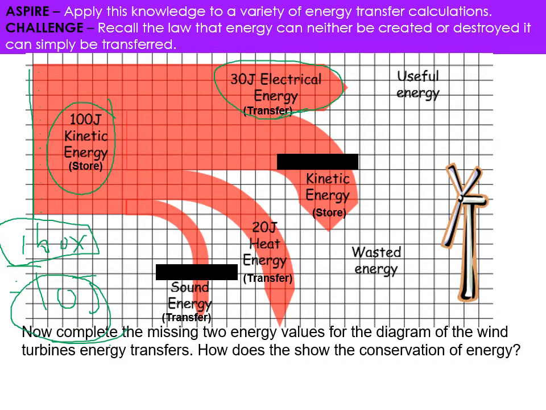The question is, complete the missing two energy values for the diagram of the wind turbine energy transfers. How does this show the conservation of energy? So we've got 30 joules, that's useful. We've got 20 joules, that's heat. How are we going to work out the kinetic and the sound? I will give you 30 seconds.